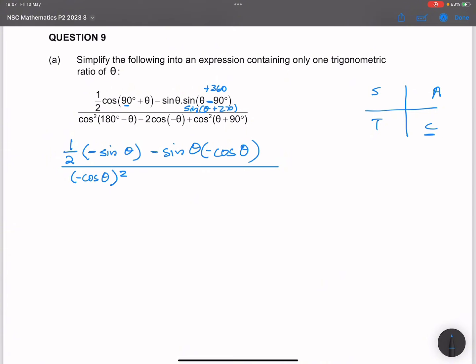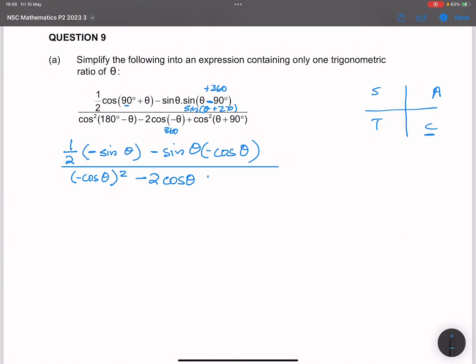Okay, so that's minus 2 cos of minus theta. If we've got a negative angle, we add 360. So this will be 360 minus theta, that's in the fourth quadrant. So we know that cos is positive there. So that would be minus 2 times the cos of theta.